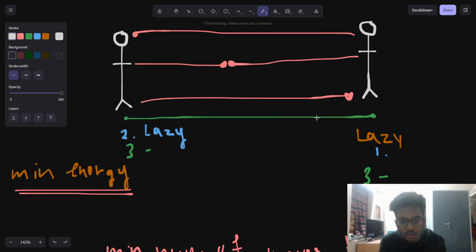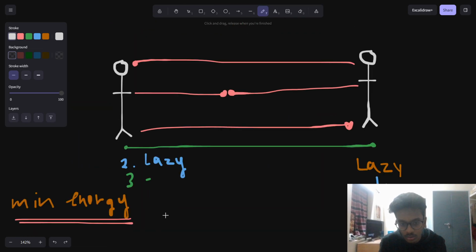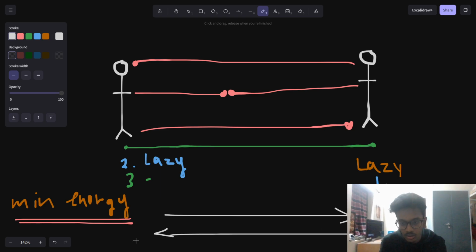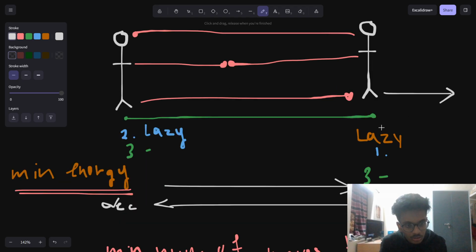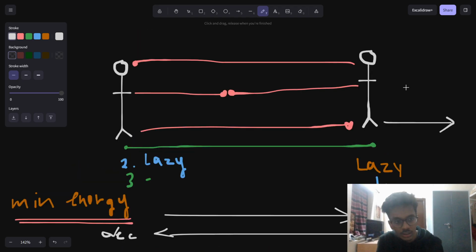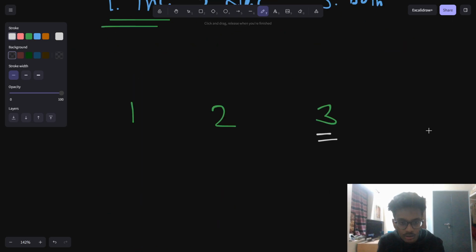Let's call this direction incrementing and this direction decrementing. This is the initial distance between you and your friend. If I'm moving your friend further this way, the distance would increase, right? The distance got increased.